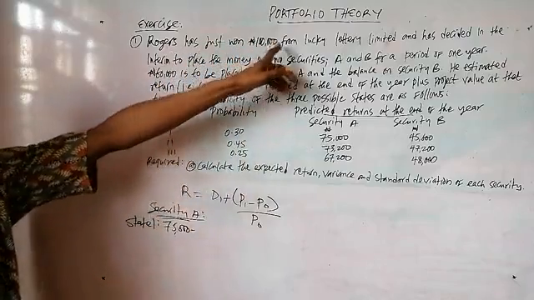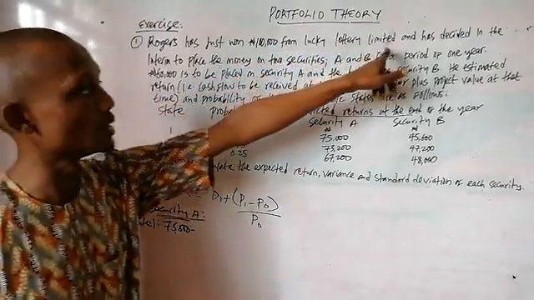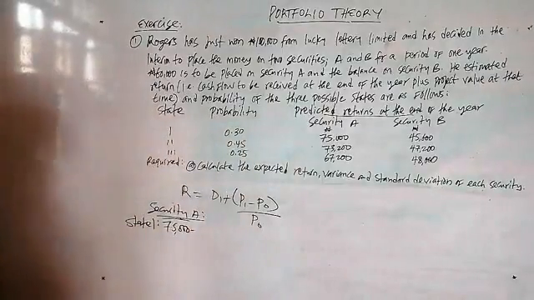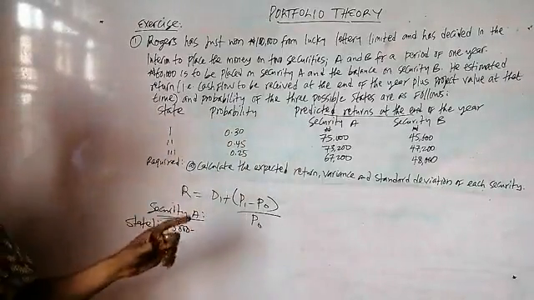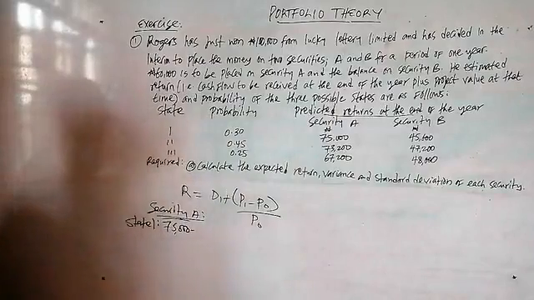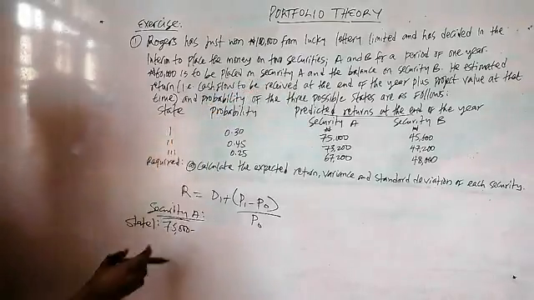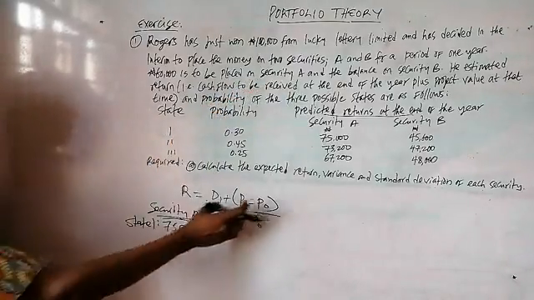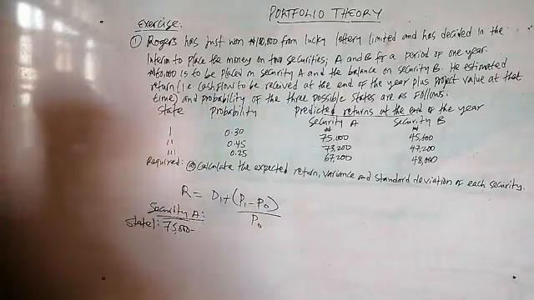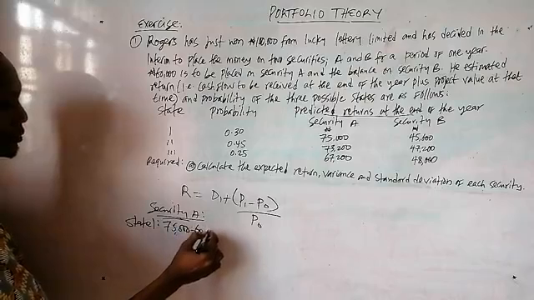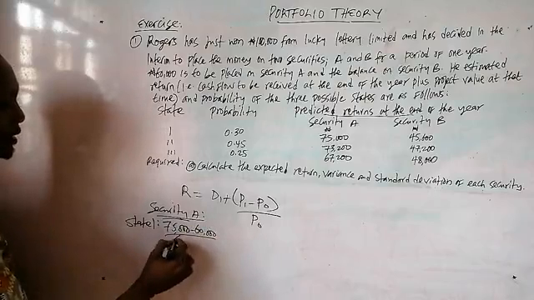Rogers has just won 100,000 naira from Lottery Limited and has decided in the interim to place the money on two securities, A and B, for a period of 1 year. 60,000 is to be placed on security A. That is to say, the purchase price for security A is 60,000 naira. So 60,000, all over 60,000.